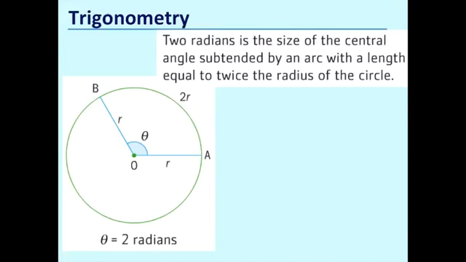We could expand that to this example here. This angle theta is subtended by an arc AB equal to twice the radius. So if we've already defined what 1 radian is, and this is twice the length, then we say this angle here would be 2 radians.